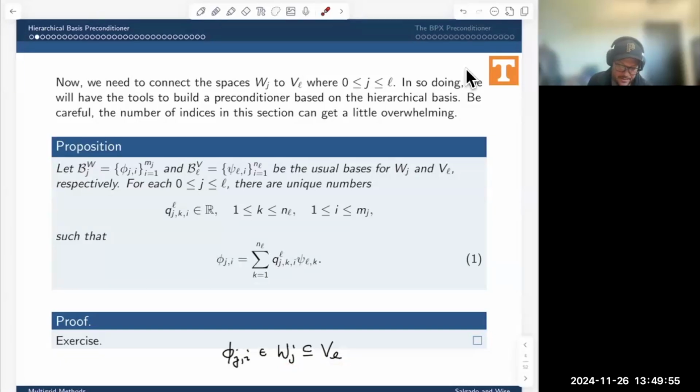So of course, that means that there have to be numbers so that I can write this as, what is this? This is just a linear combination. So this is trivial, right? If I know this is in that space, then there's always a linear combination involving the basis from that fine level space.